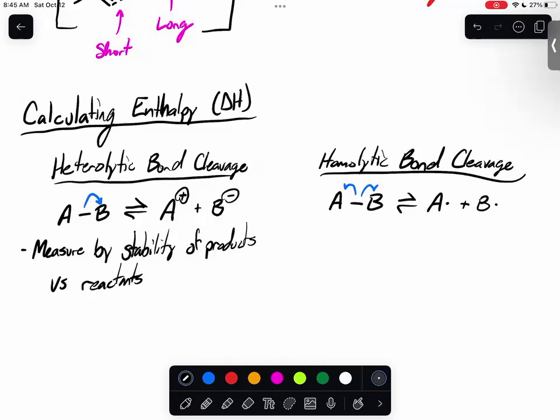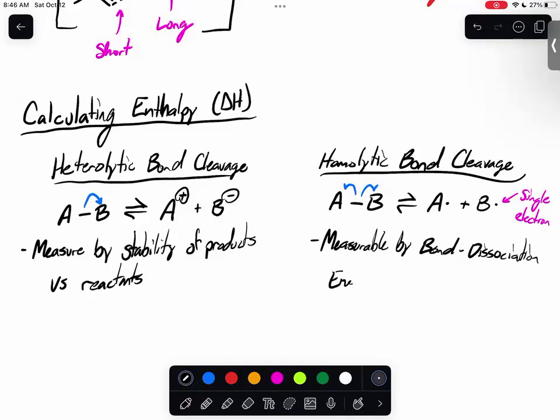You can think of this as a single electron, and these are a little easier to measure in terms of something called bond dissociation energy, also known as BDE.